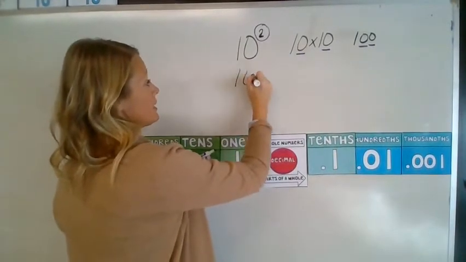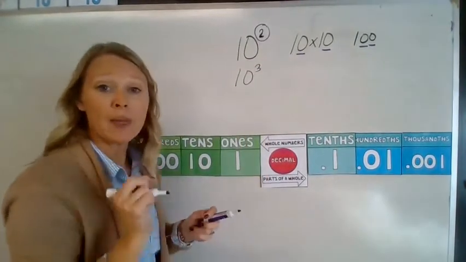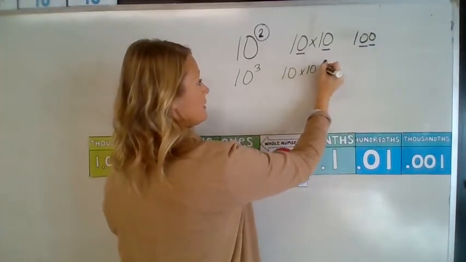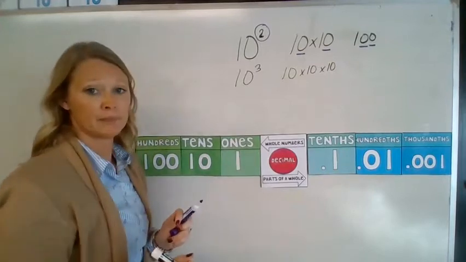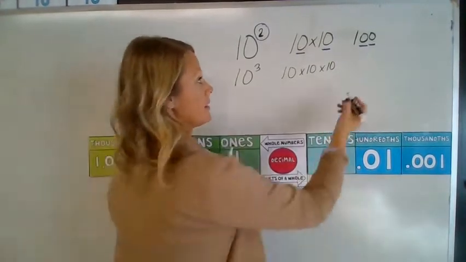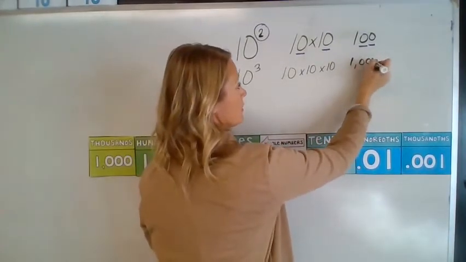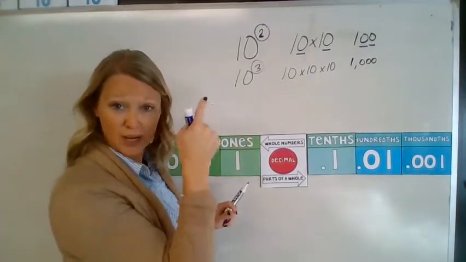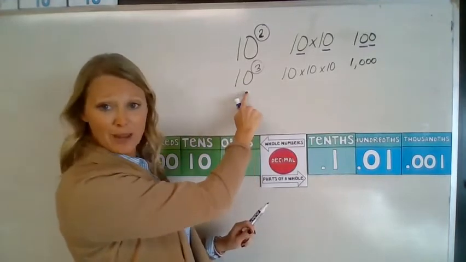So if we did 10 to the third, that means I need 3 tens, 10 times 10 times 10, which equals 1,000. So if we continue that pattern, there's a 3 as the exponent on top of this base number.